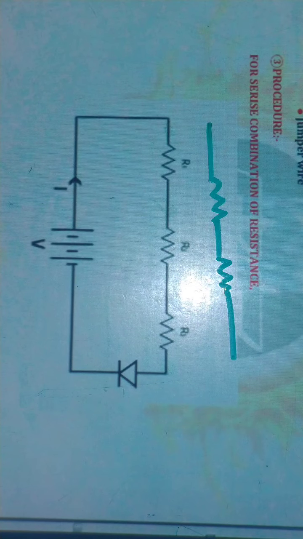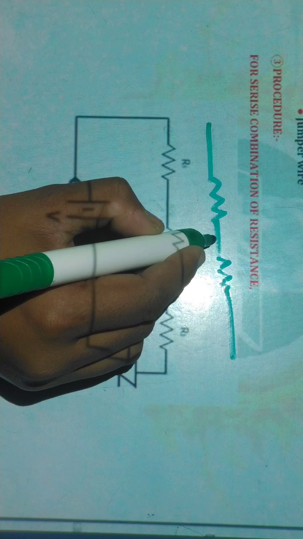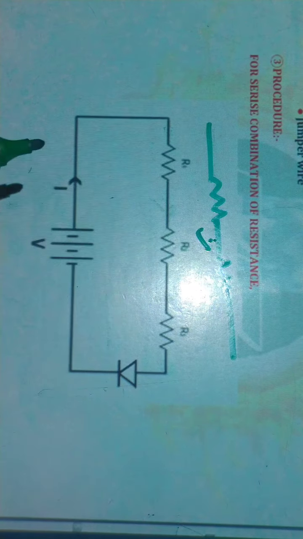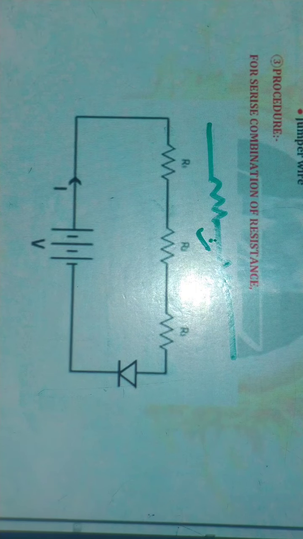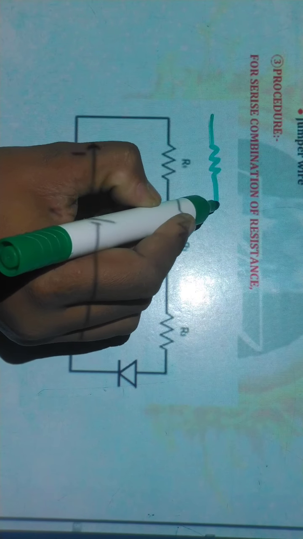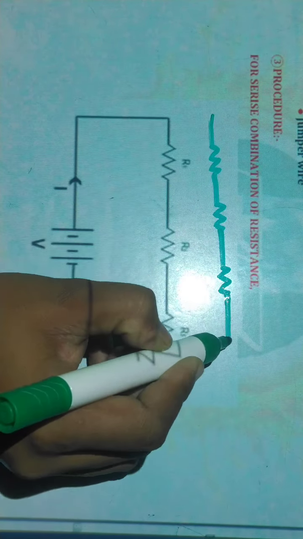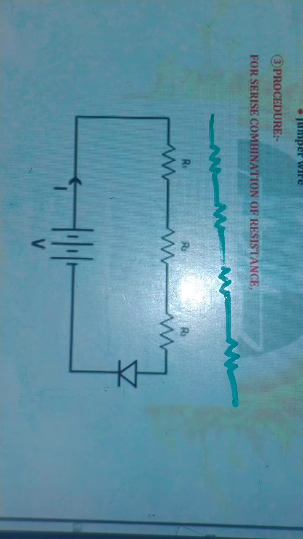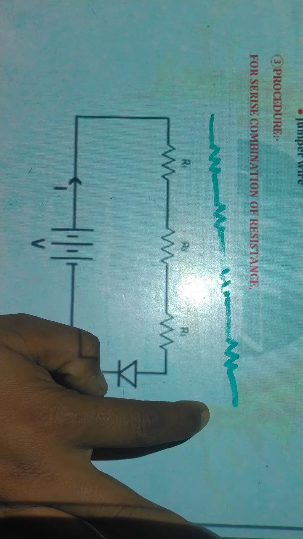This is also a series combination, because the second end of the first resistance and the first end of the second resistance, the final point and initial point, are connected together. We can also use 4 resistances connected in a series manner. This is called the series combination of resistance.